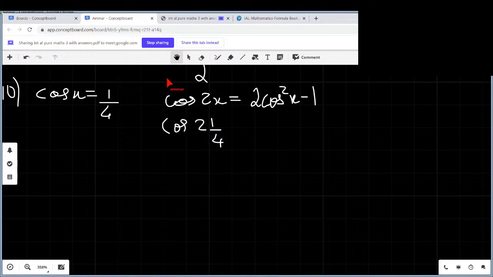I'm stupid. Okay. I multiply both sides by 2 for this one.